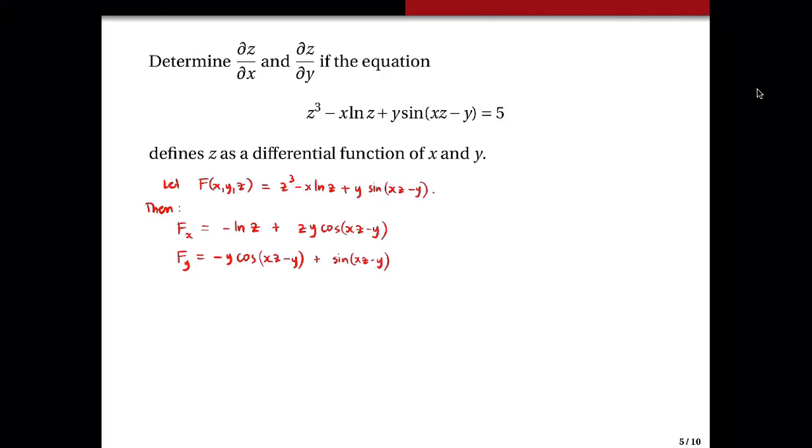And then f sub z. So for this, we have 3z squared minus x over z. And then for the third addend, we will have xy cosine xz minus y.